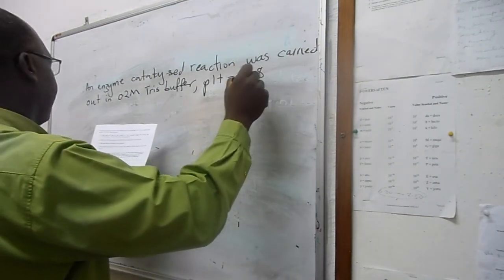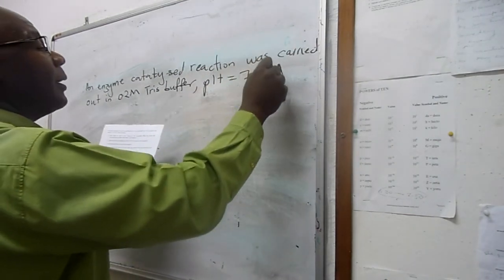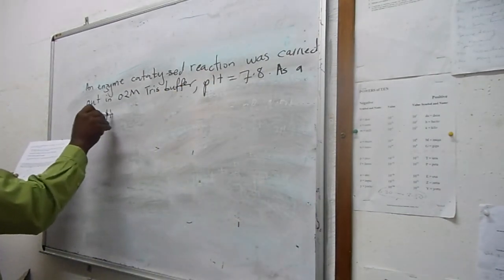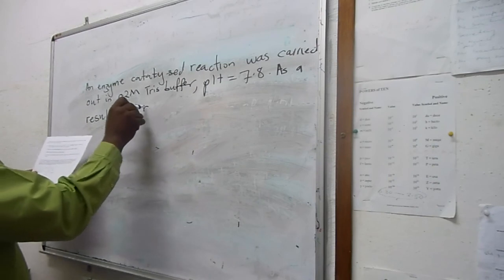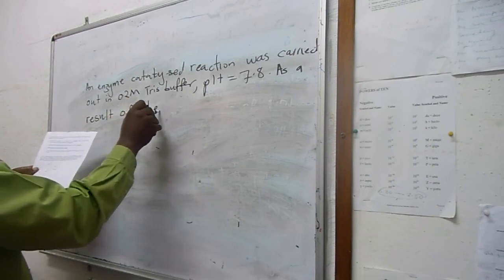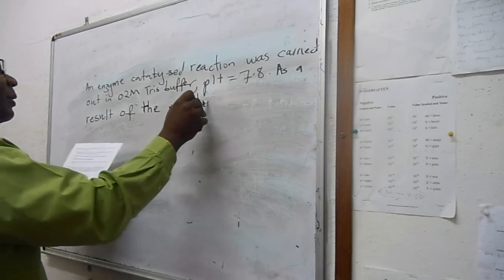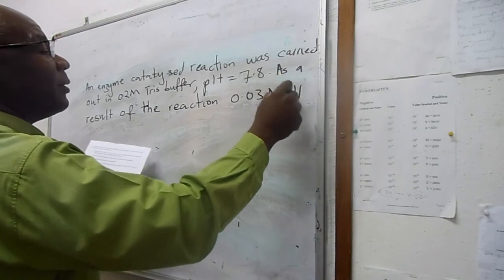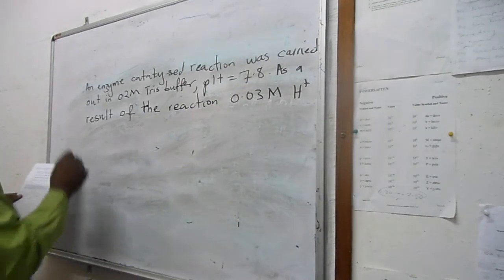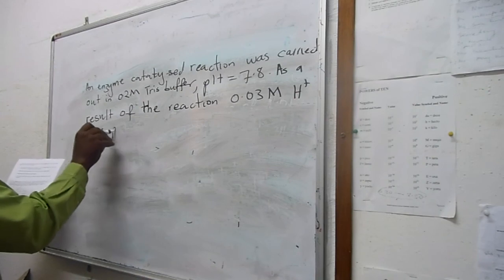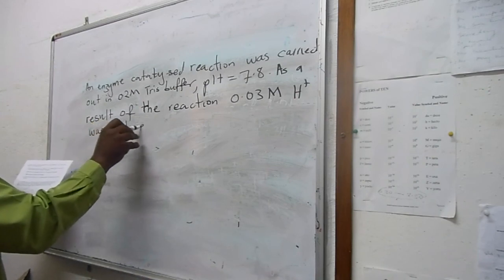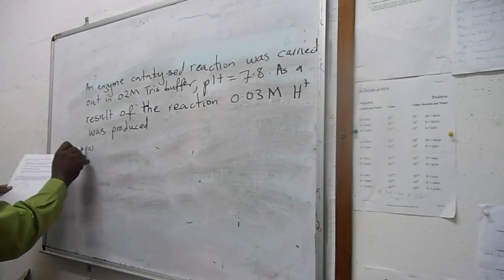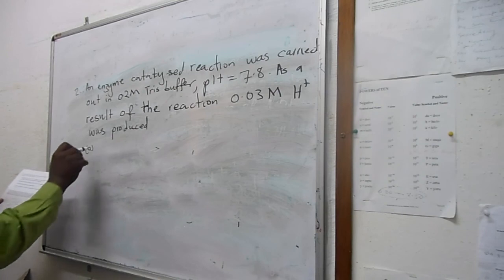As a result of the reaction, 0.03 molar of hydrogen ions was produced. Question 2.